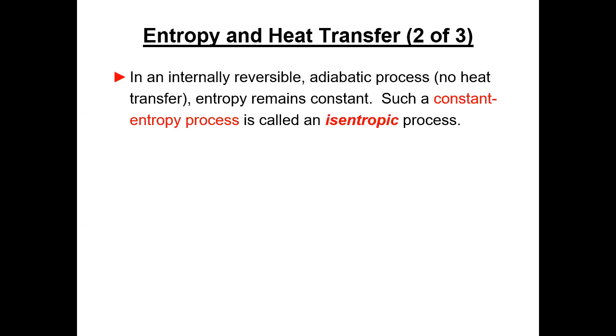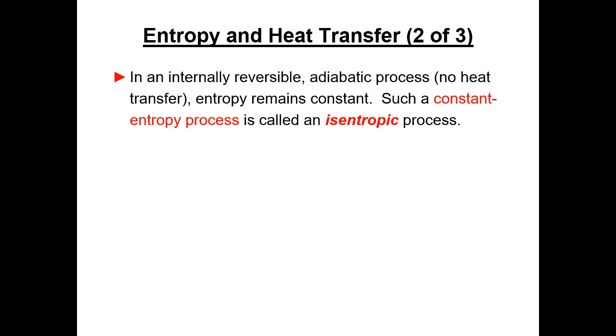So when you're sitting around the Thanksgiving table and your grandmother asks you about an isentropic process, you immediately say adiabatic reversible. It just comes out of your mouth. You don't even have to think about it. That's how automatic this needs to be with you. Isentropic, adiabatic reversible.